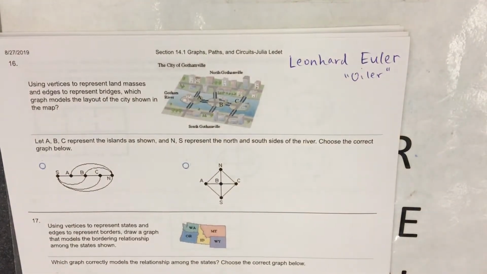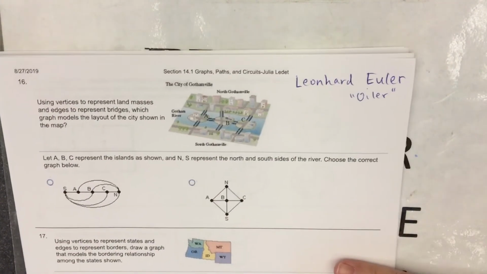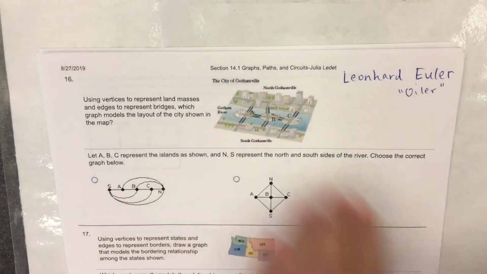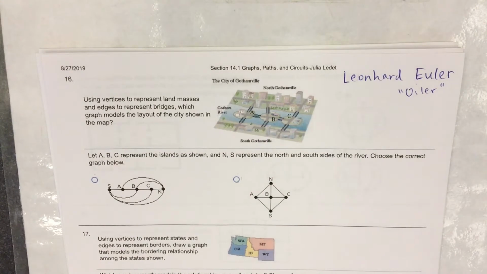And the very first problem, all the branches of mathematics start with some problem that was presented to a mathematician. And this problem was presented to Leonhard Euler. Similar to this, not quite this layout, there was a town, Königsberg, Germany, in the 1700s, because that's when he lived.